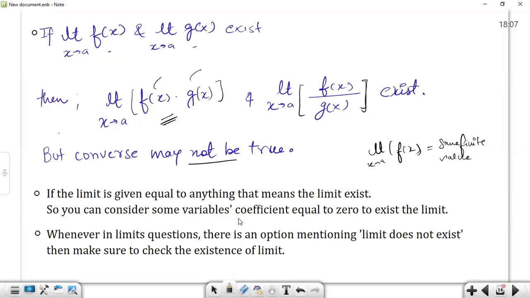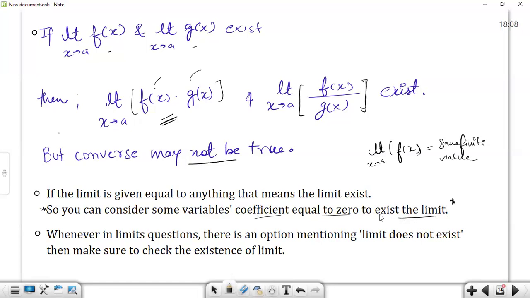So you can consider some variable's coefficient equal to 0 for the limit to exist. I know you will not be able to understand this statement now. We will understand it when we solve PYQs or questions on limits, and look back on this statement in hindsight.